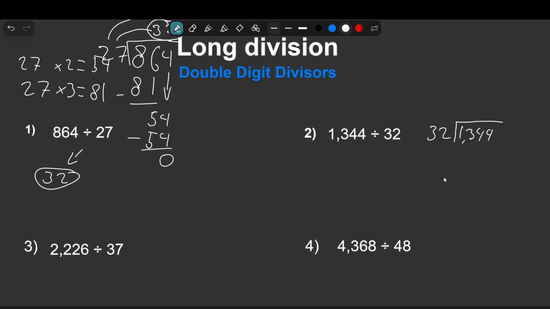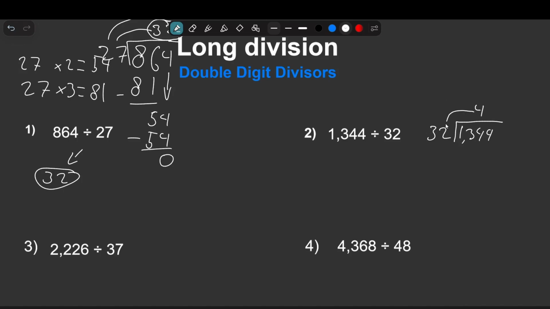Well, of course, it doesn't fit. So we're gonna have to use numbers to get it to fit. So let's see, does a whole group of 32 fit into 13? Well, again, it doesn't. So we're gonna have to use also this 4. So we get 134. So how many whole groups of 32 fit into 134? Well, 4 times. So we're gonna write a 4 right here.